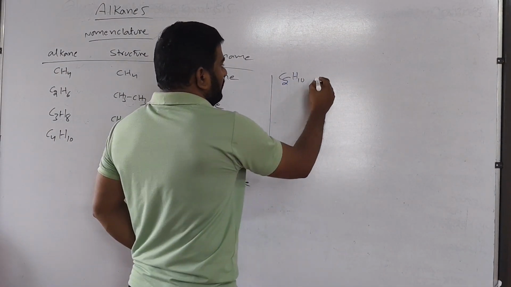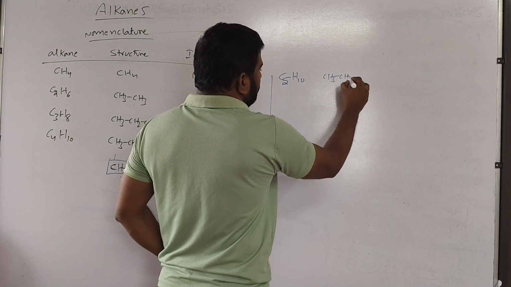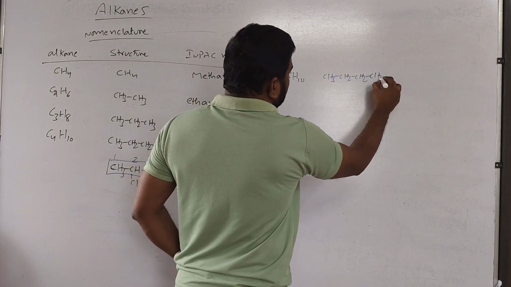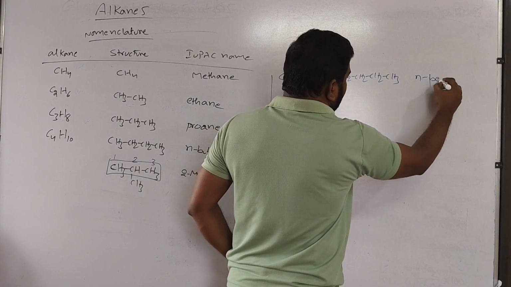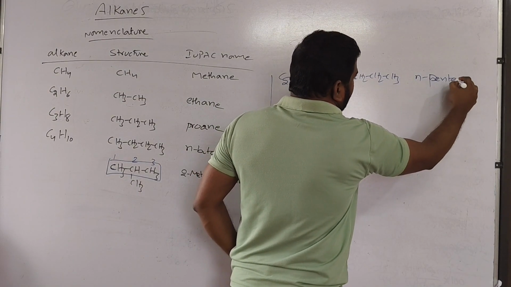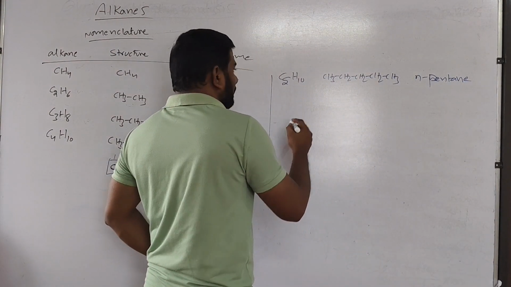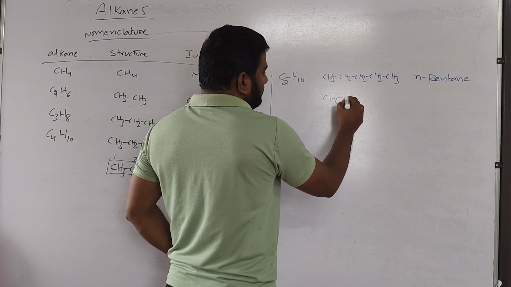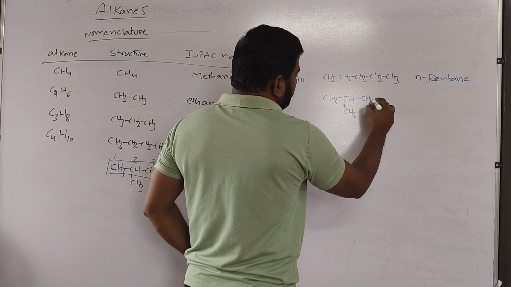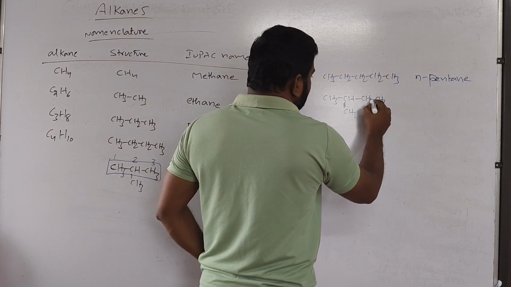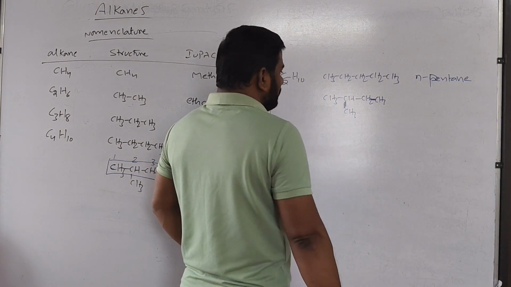Next, take C5H12. Here CH3CH2CH2CH2CH3 is n-pentane. One more: CH3, CH3, CH2, CH3. This is isopentane, its common name.